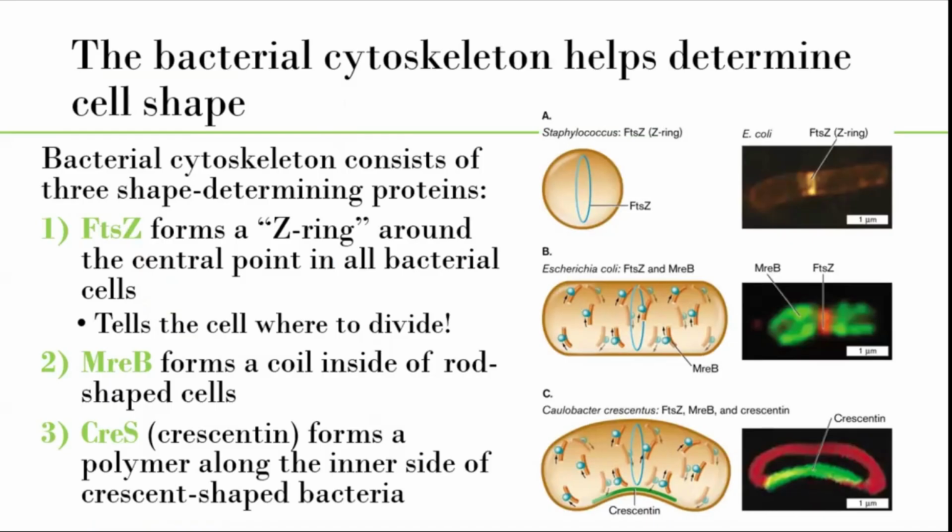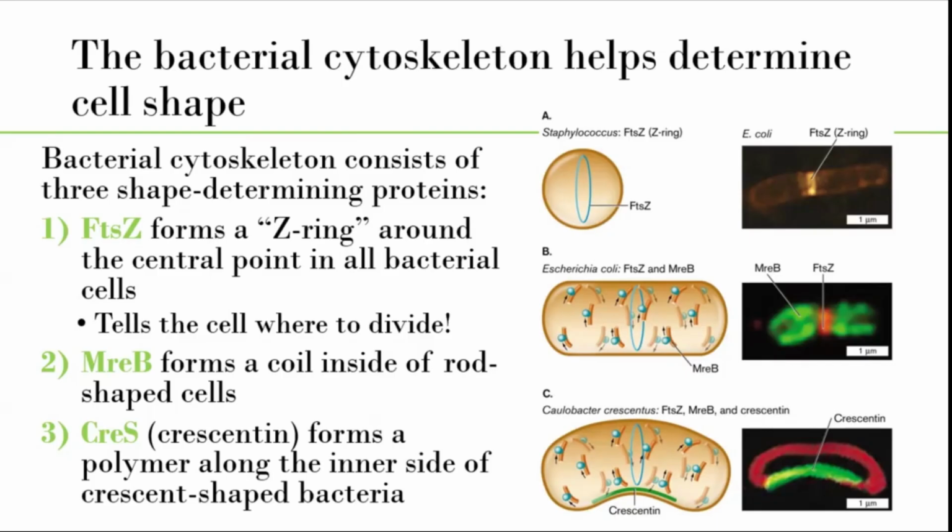All right. The bacterial species also have cytoskeletons. And the types of cytoskeletal proteins they have differ based on the shape. So every single bacteria has FtsZ. This forms a protein Z ring around the central point of all cells. So in something like a coccus bacteria, this is the only cytoskeleton they will have.